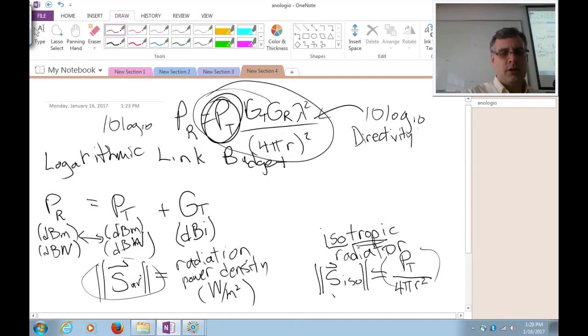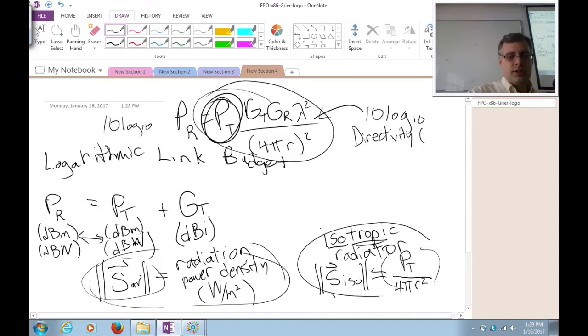directivity, which is sort of like this calculation. Think of it as this calculation, the ratio of actual radiated power to isotropic radiated power. If the antenna was lossless, radiation efficiency of 100%, we would say.